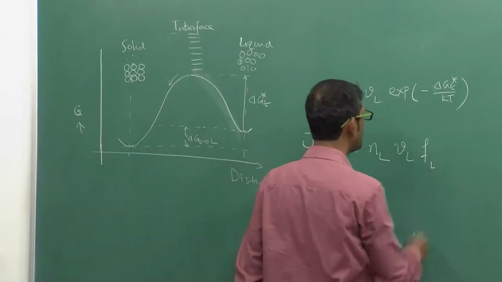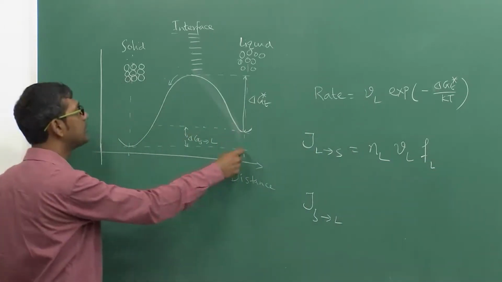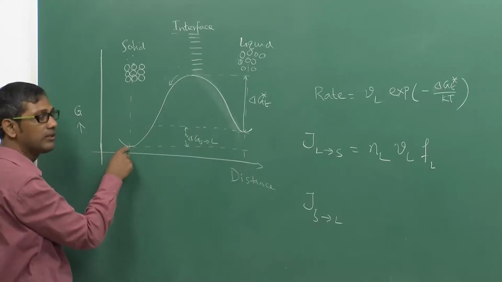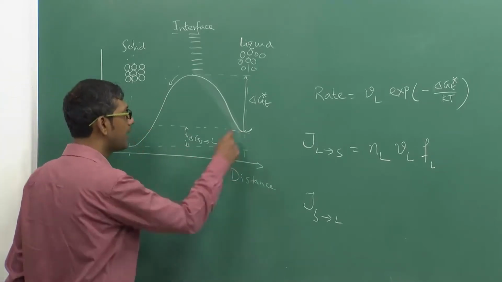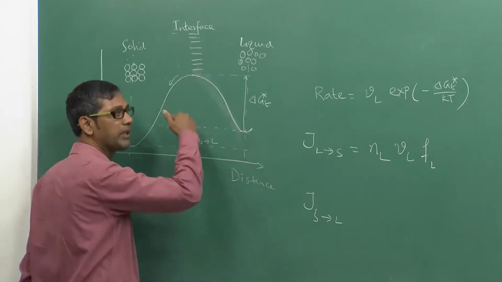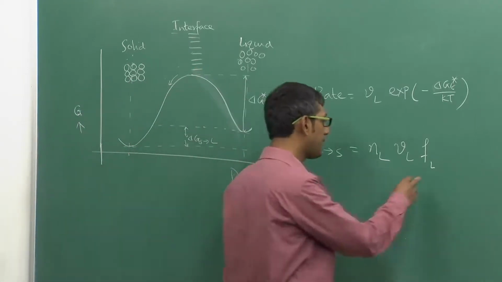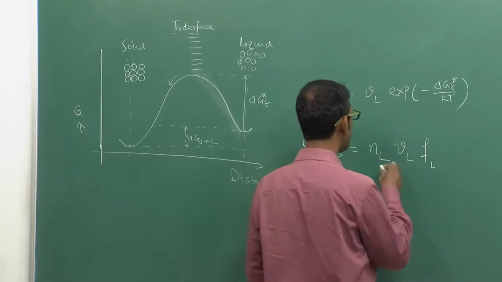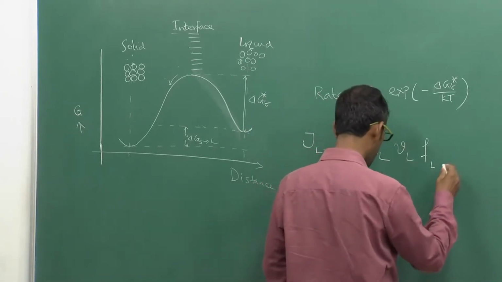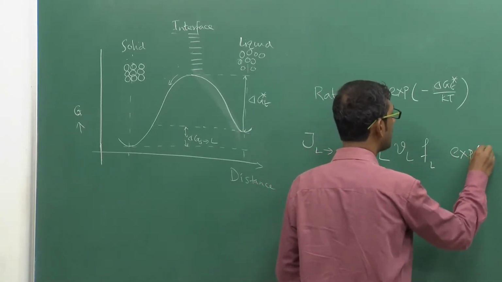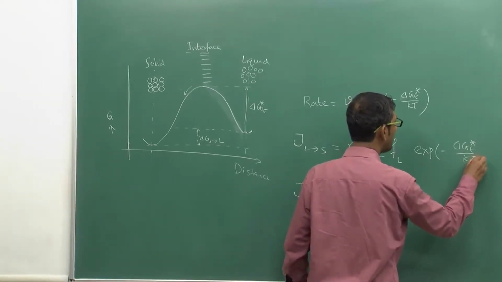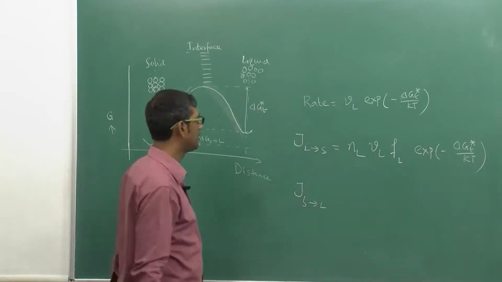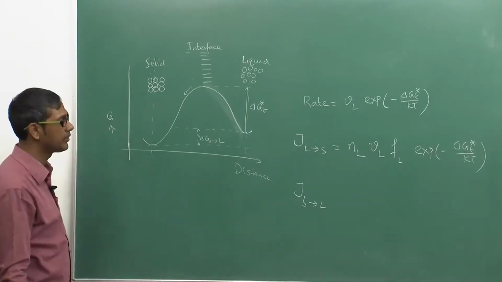So there are two types of things. One is that an atom jumps, crosses the barrier into the solid, does not feel comfortable, and goes back. That's a reverse jump. The second is that atoms try to jump but may not be able to cross this barrier. So the fraction of liquid atoms, NL, multiplied by this frequency, into exponential of minus delta G T star divided by KT, is the flux in the forward direction, that is, from the liquid to the solid.